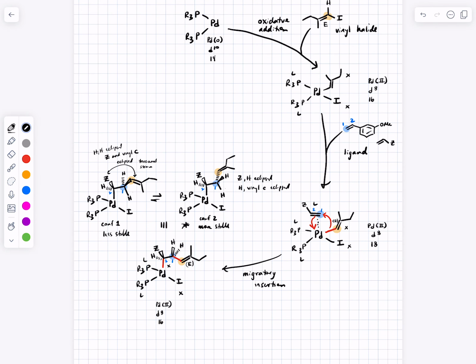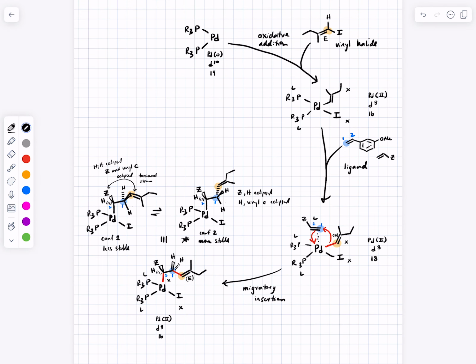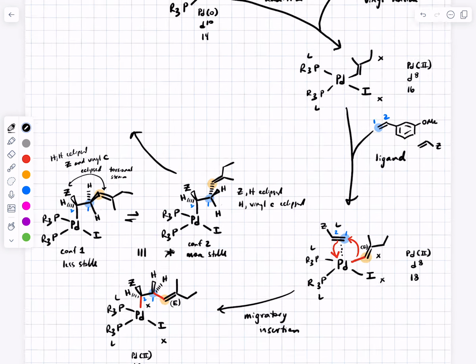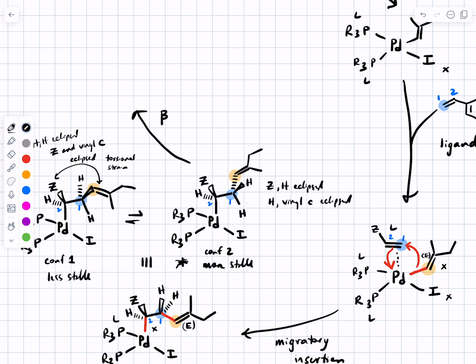What's going to happen next is what's called a new mechanistic step, one that you haven't seen before, but one that is common in organometallic reaction mechanisms, and this is called beta hydride elimination.